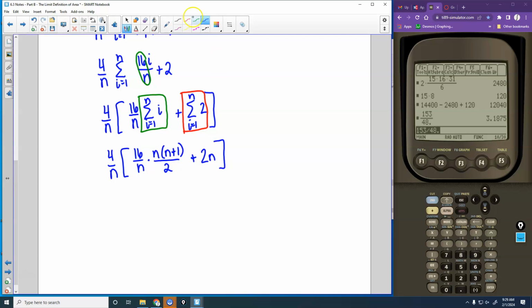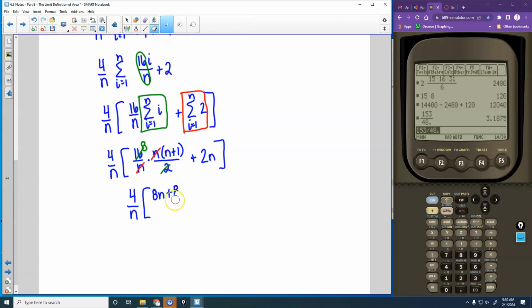All right, let's clean this up a little bit so that it's easier to work with. This n and this n can cancel. So that's going to give me 4 over n. I could also reduce that 16 with that 2, make that an 8 right there. So that's going to be 8n plus 8.